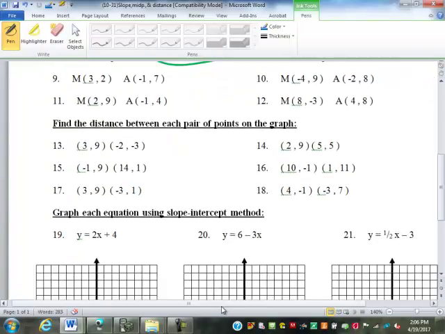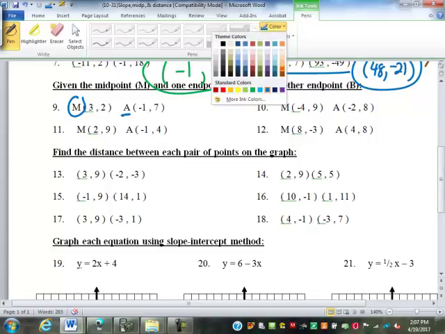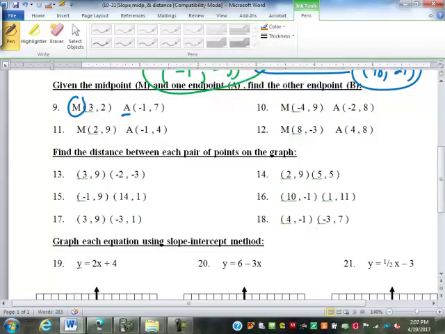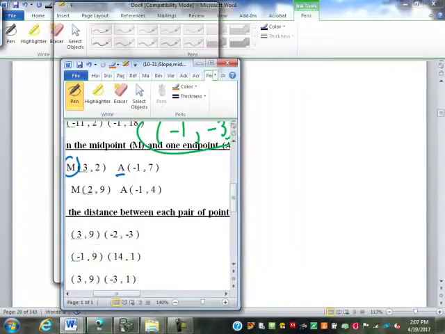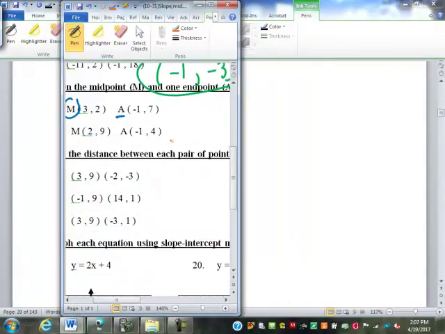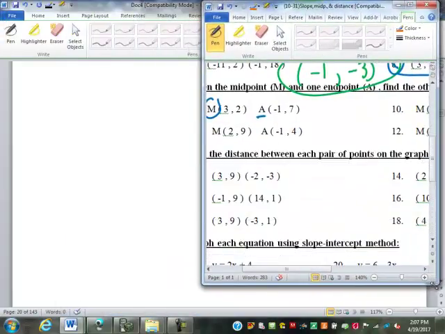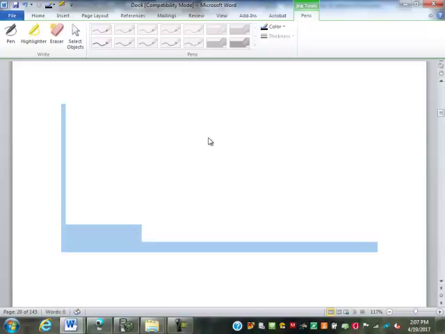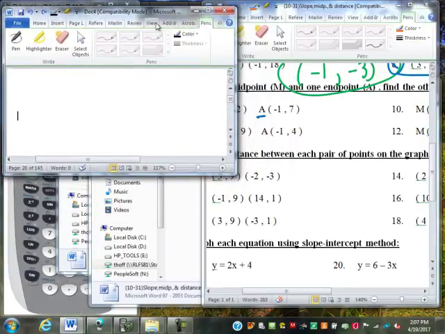Now these, I gave you the midpoint and one of the endpoints, and I wanted to find the other endpoint. So to do that, we had to do a little bit of algebra. So I'm going to slide that over so we can work side by side here.